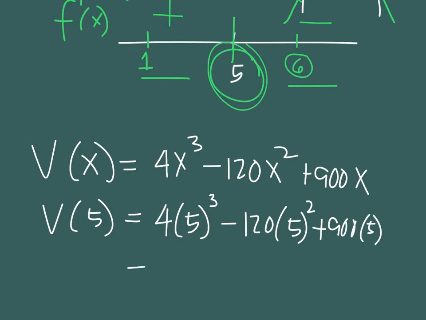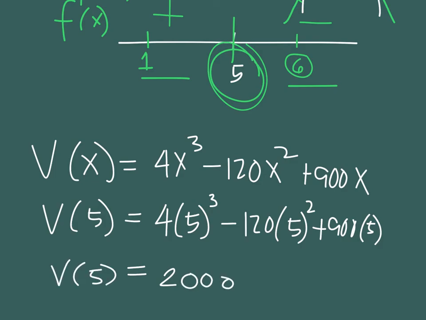Please compute. What is the maximum volume? Exactly 2000? Okay. So the value is 2000, V of 5.